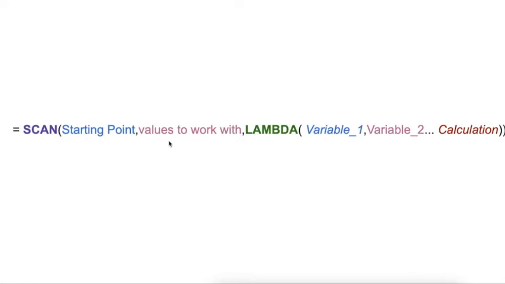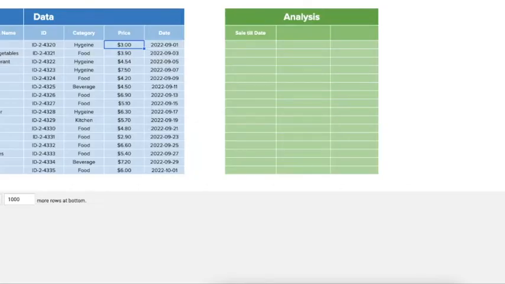The second part of this formula is the values that you'll be working with. So everything which is a new sale added every day to your collection would count as the values you'll be working with, that you'll be adding to the previous values every time. In the data, the value that you earn every day is going to be those things. And the third part of this function is the lambda function.